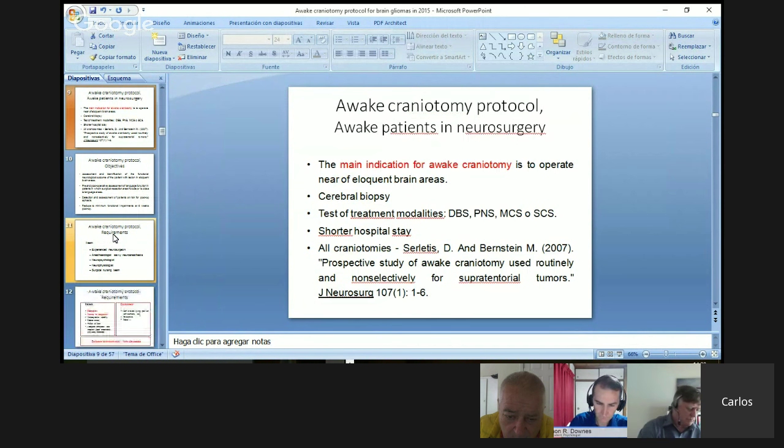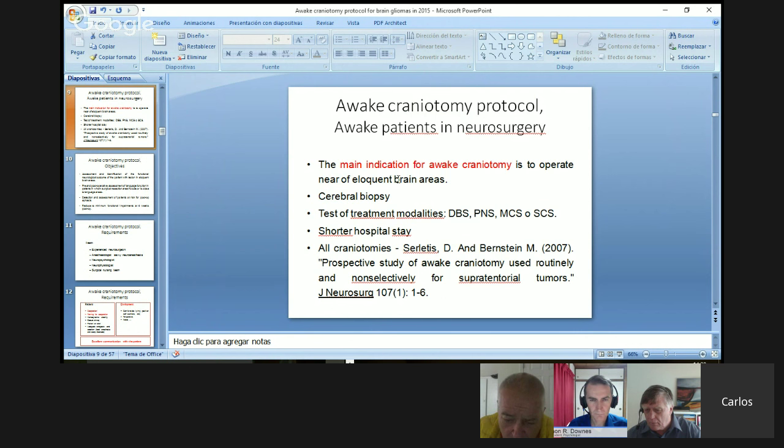The main indication for an awake craniotomy is to operate near or in eloquent areas. We can do it in a cerebral biopsy, and for some treatment modalities like deep brain stimulation, peripheral nerve stimulation, motor cortex stimulation, or spinal cord stimulation. With these procedures, the patients have a shorter hospital stay.